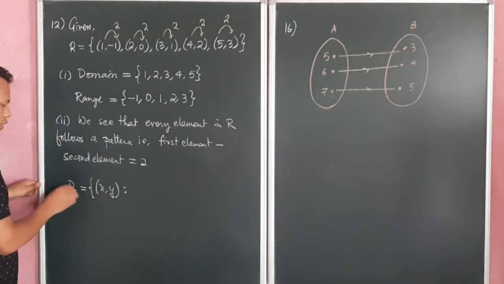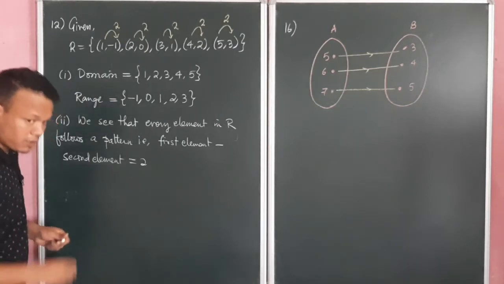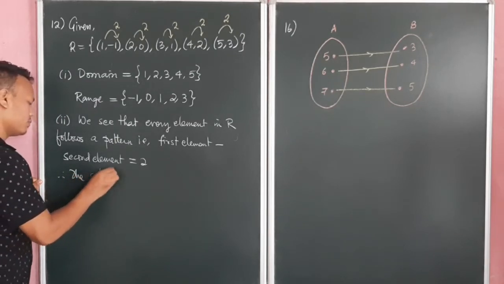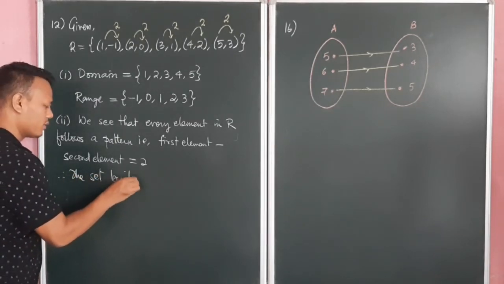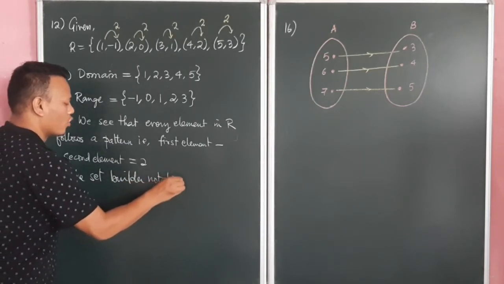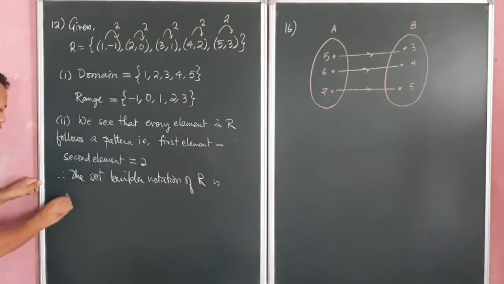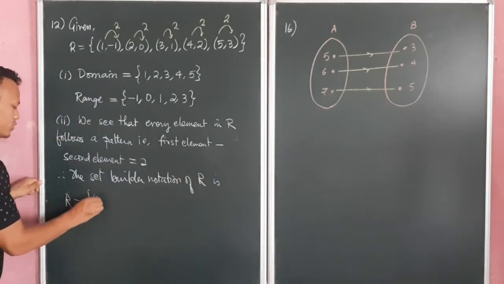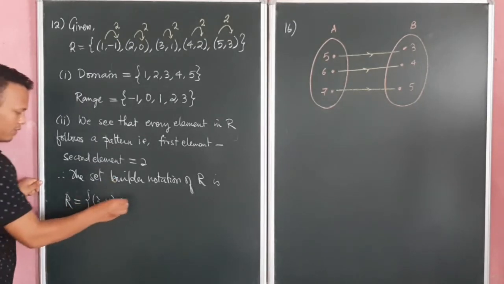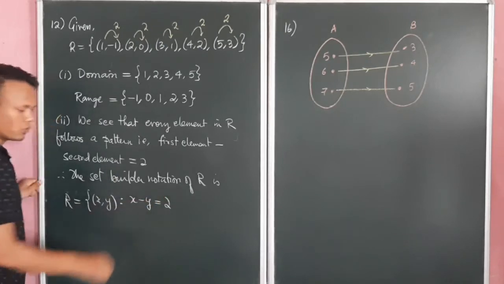Okay, so therefore the set builder notation of R is, okay, so it will be R equals (x, y) such that we have the first element x minus y is equal to how much? 2.